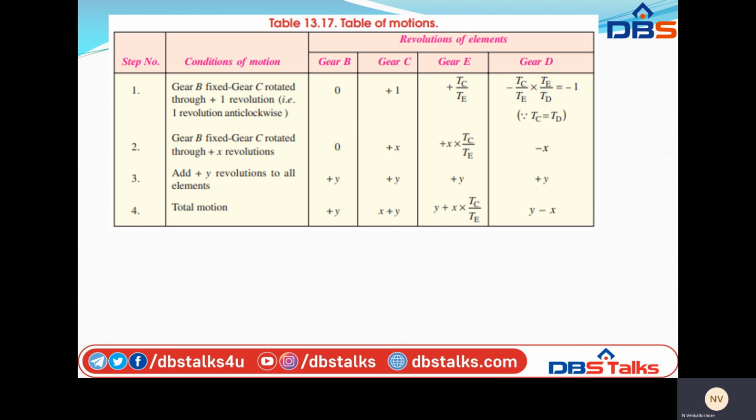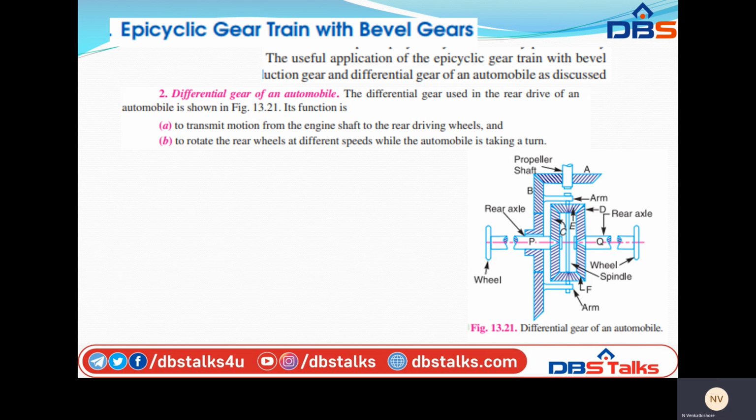In the diagram, the bevel gear, if you see, the gear A is known as a pinion, which is keyed to a propeller shaft that is driven from the engine shaft through a universal coupling. Gear A drives gear B, which is called the crown gear. Gear B, the crown gear, rotates freely on the axle.